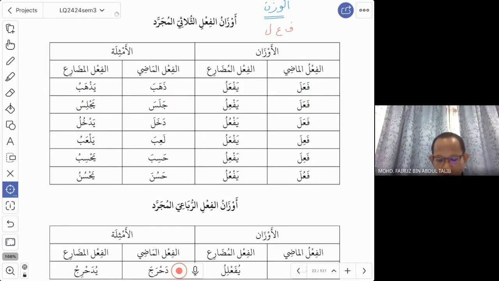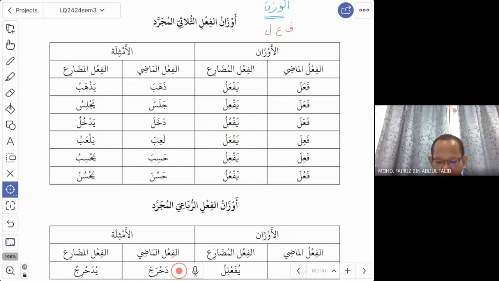Now we look at the second wazan. The second wazan is also fa'ala, similar to the first one. But the mudari is not yaf'alu. Now for fa'ala, the mudari is yaf'ilu. So what does it mean? It means that if the fi'il is of the wazan fa'ala, the mudari can be either yaf'alu or yaf'ilu.